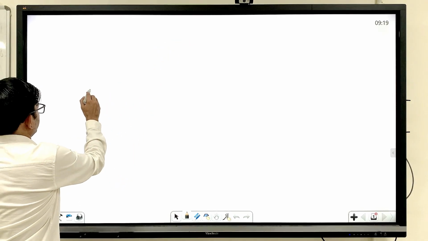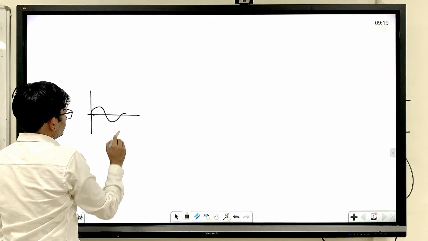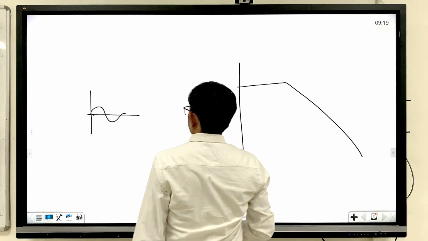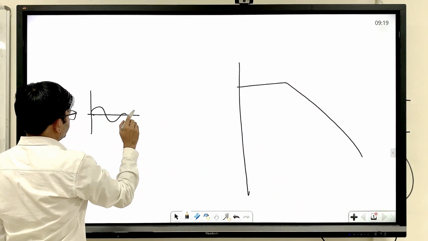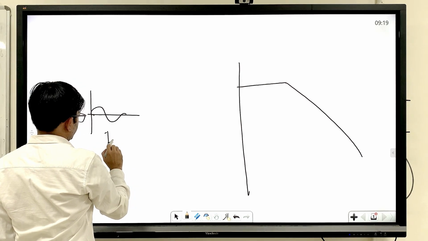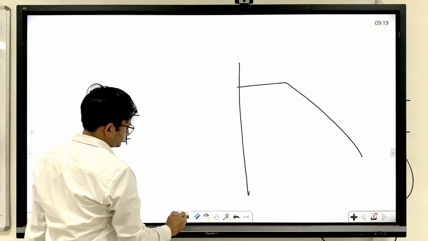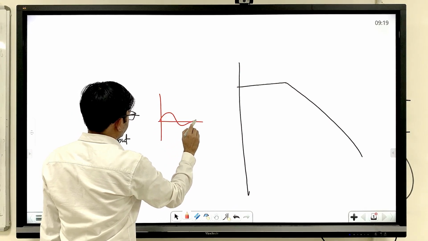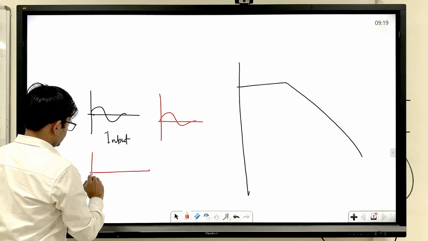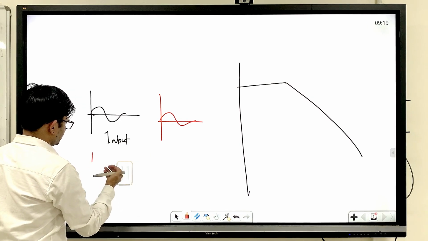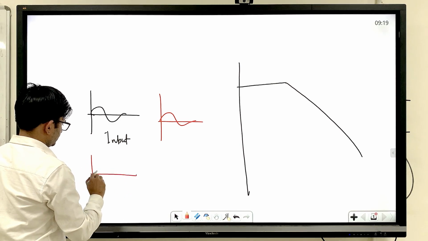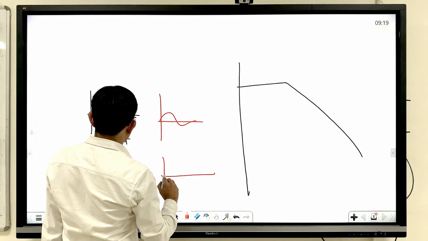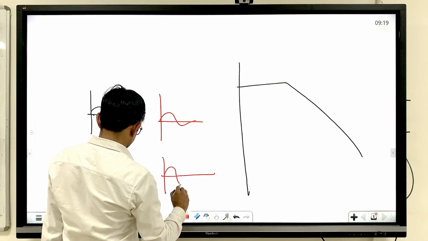For example, when you are operating at a very low frequency, because you may ask why in the last class I drew the Bode plot like this, why it is dropping. When you operate at a very low frequency, let's say this is the input, and you may draw the output. Input and output will track, and when you increase the frequency, then again some kind of tracking.